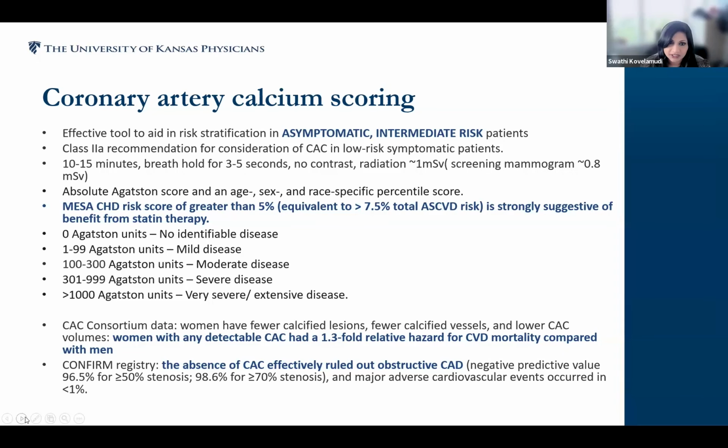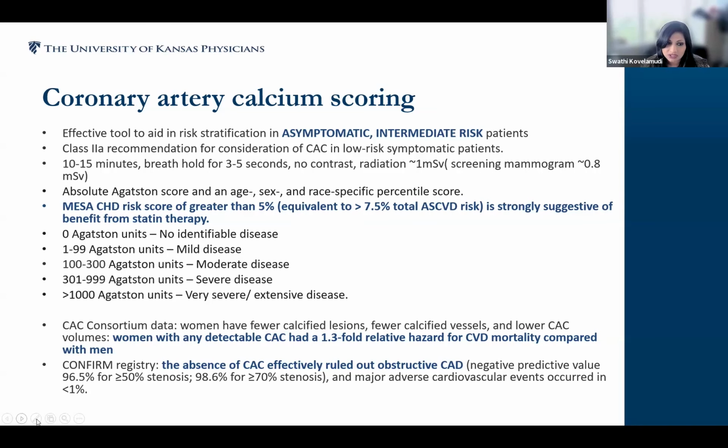Briefly, I'll talk about coronary artery calcium scoring. This is a great test to use in asymptomatic intermediate risk patients. So intermediate risk patients are patients that fall somewhere in between 5 to 20% on the ASCVD risk score. And this is a great risk stratification tool that we can use to assess their benefit from statin therapy.